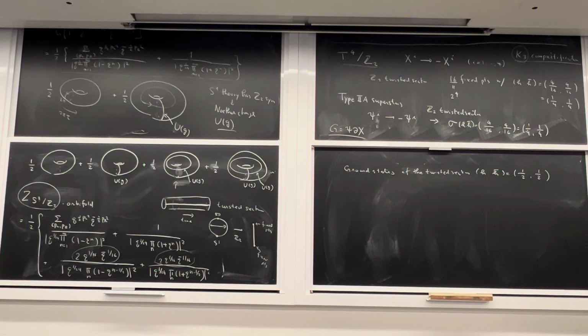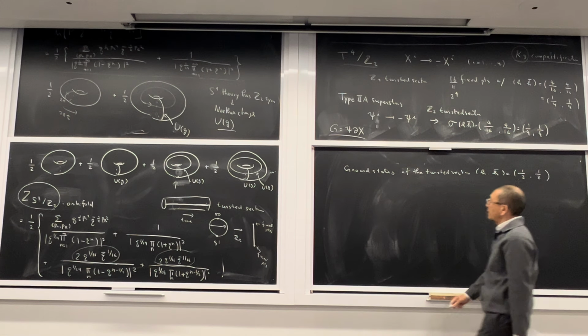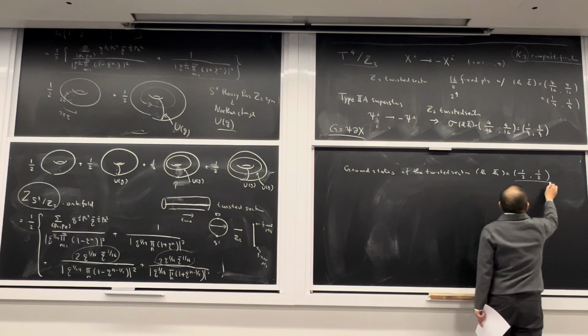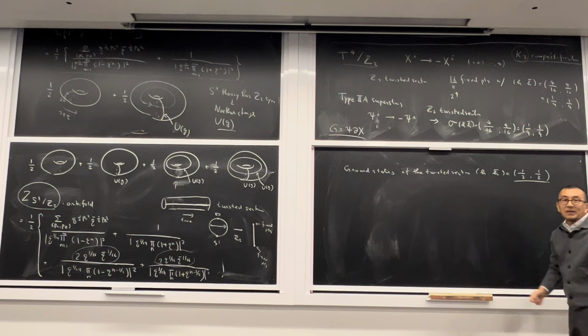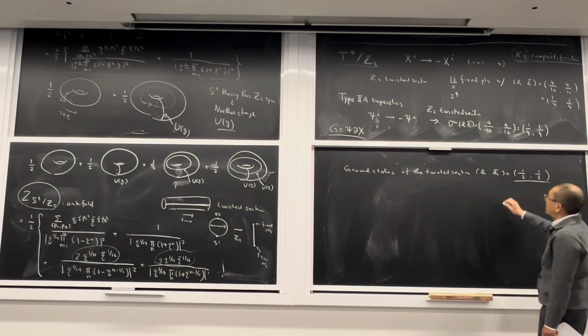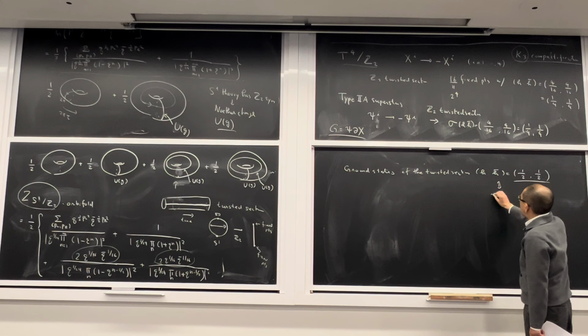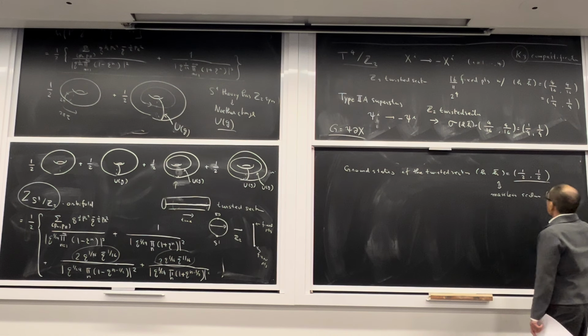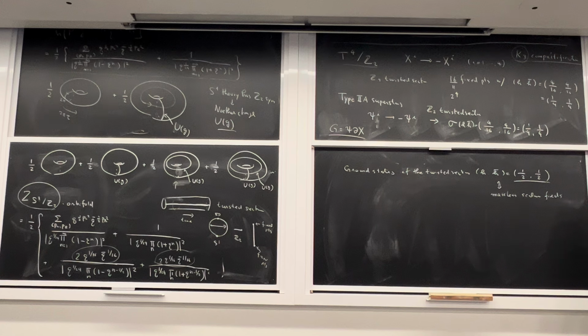Okay? But remember that in the type 2 string theory, this is the conformal dimension needed to give rise to a massless scalar field. So each of these twisted sectors gives rise to a massless scalar field. And if you have a massless scalar field, it can develop an expectation value, and so it can describe a parameter of the theory.